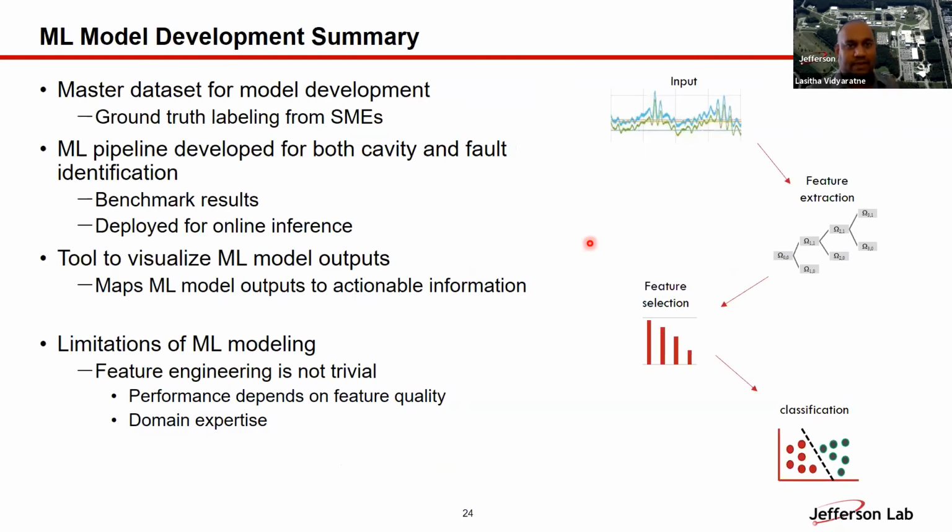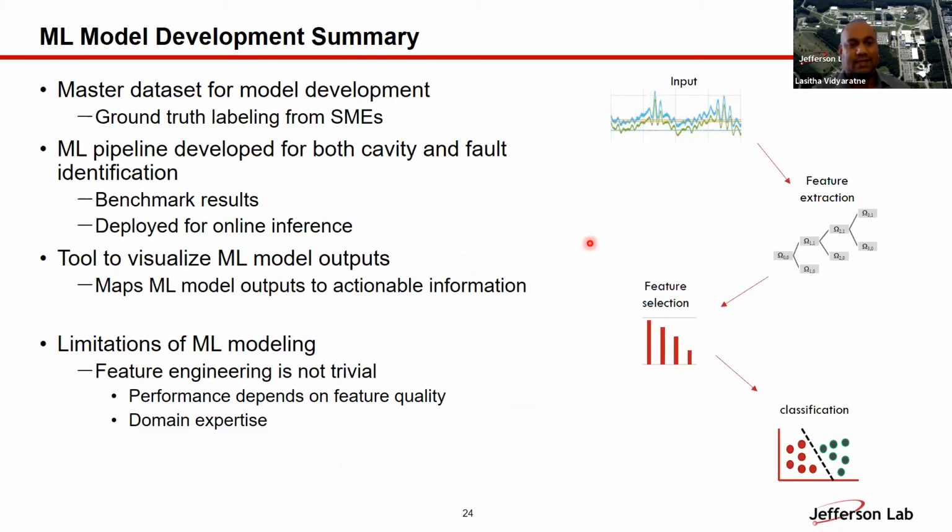To summarize, we have made a master data set for model development. A machine learning pipeline was developed for both cavity and fault identification with benchmark results. We were able to deploy that for online inference. We also built a tool to visualize our model outputs. Along the way, though, we also found some limitations with machine learning modeling, particularly that feature engineering is not trivial.